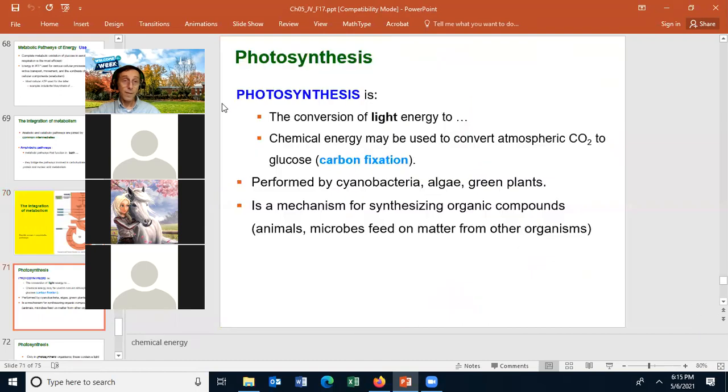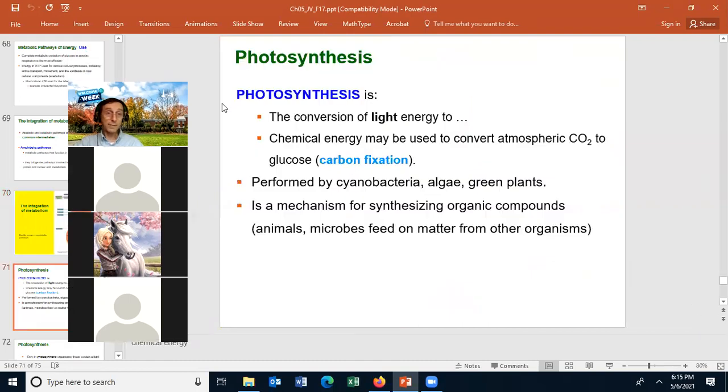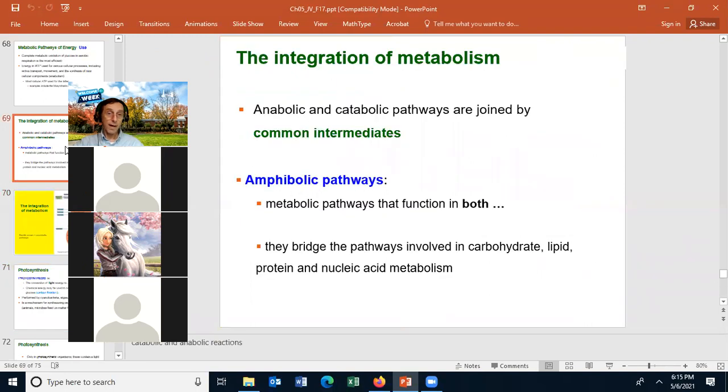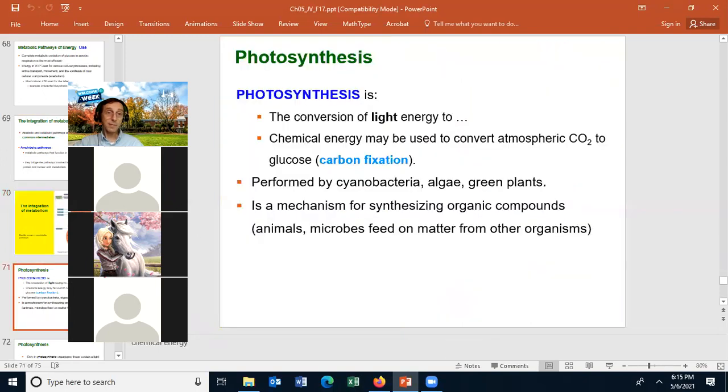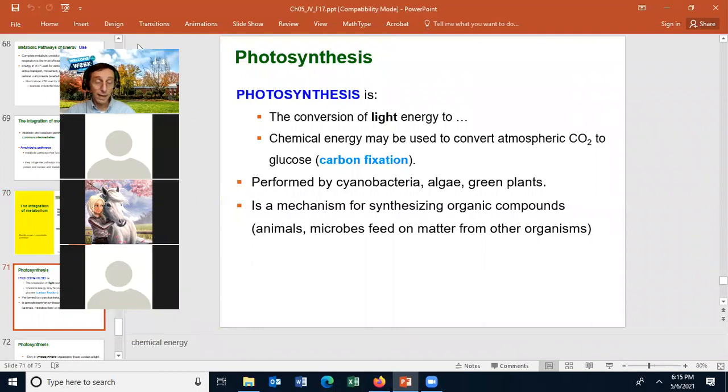All right, we've talked about catabolism for the generating of ATP, the degradation of a molecule like glucose to make ATP. But we don't have to use catabolism to make ATP.